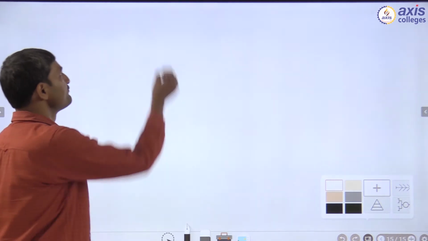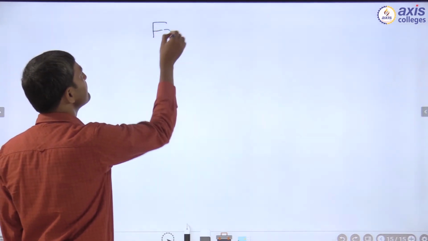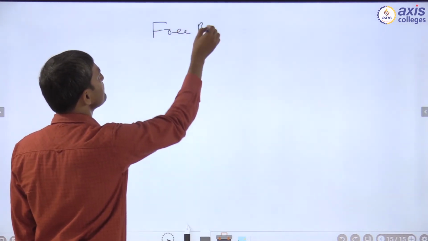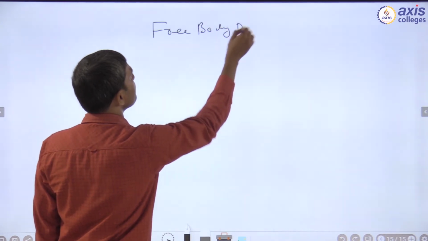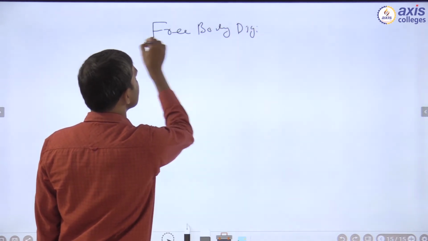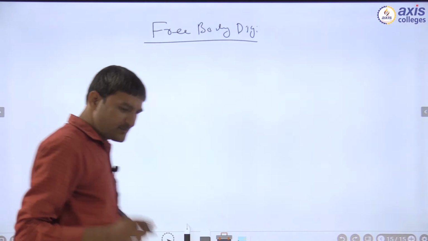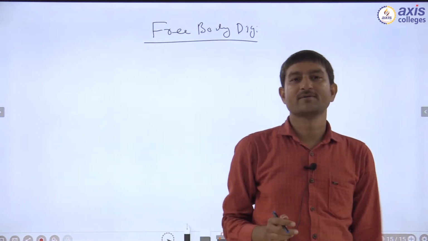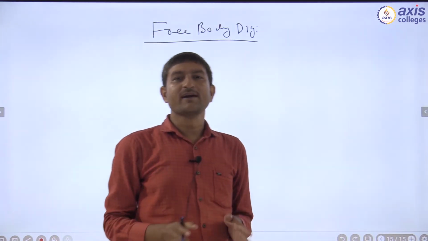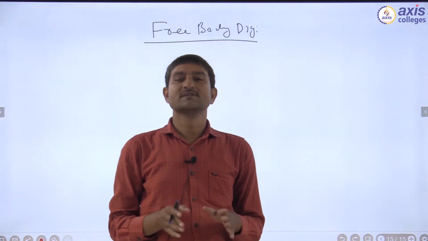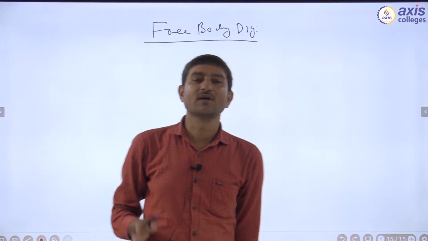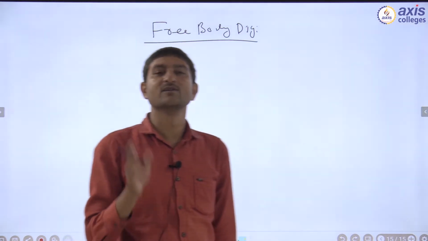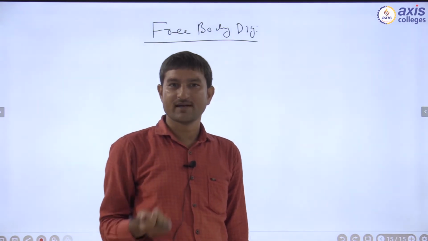So let us draw a free body diagram. First of all, we have to understand what a free body diagram is. Free body diagram means whatever forces are possible, we have to draw out all the forces which are acting on the object. That is the meaning of free body diagram.